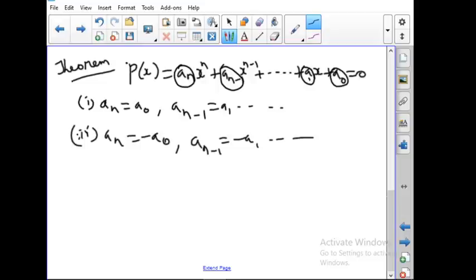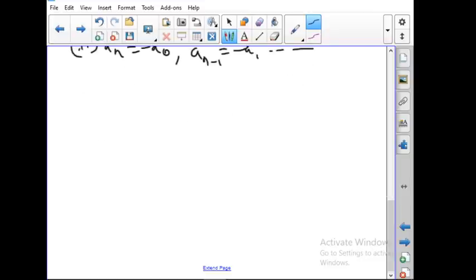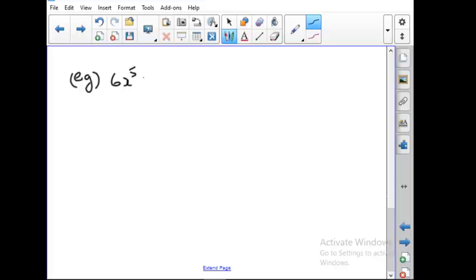We'll see examples. Reciprocal equations of type 1 correspond to those in which the coefficients from the beginning are equal to the coefficients from the end. For example, 6x power 5 plus x power 4 minus 43x cube minus 43x square plus x plus 6 is equal to 0.